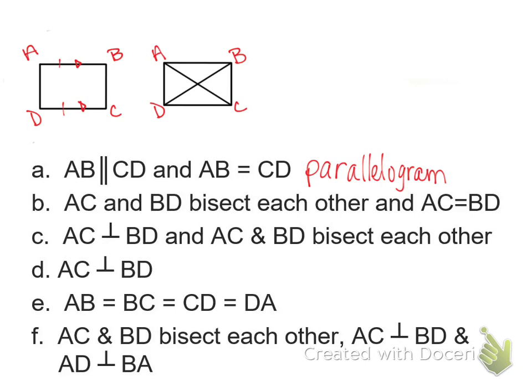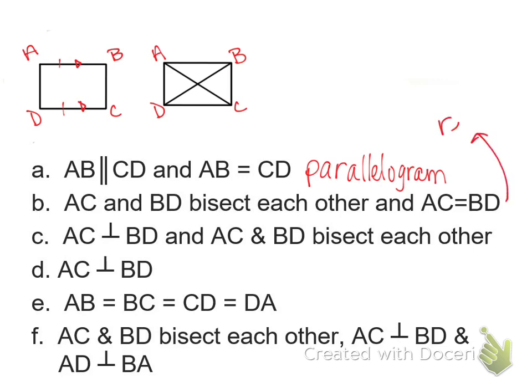So if the diagonals bisect each other and the diagonals are congruent, what do we think? If the diagonals bisect each other, it's definitely a parallelogram. But if they're also congruent to each other, that would take it one step further and make it a rectangle. So on letter B, which I've got no great place to write it, so I'll put it up here.